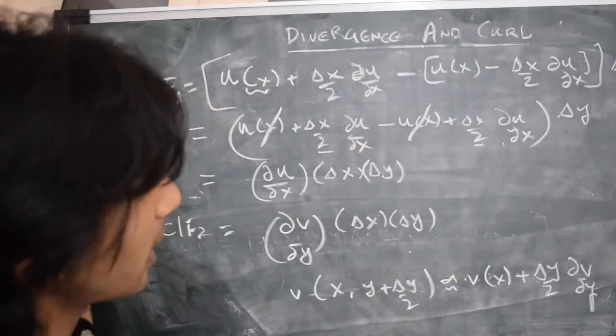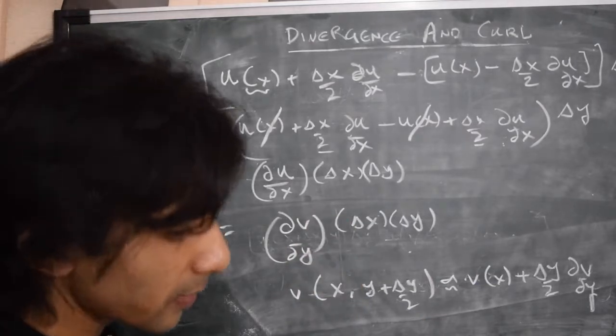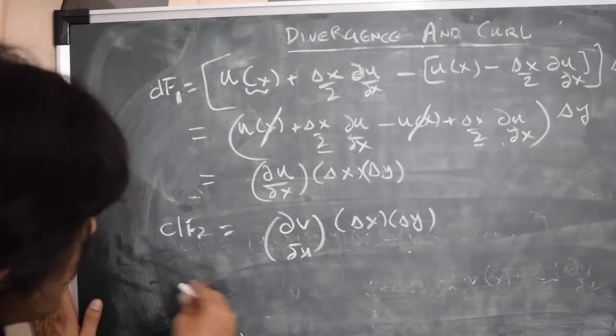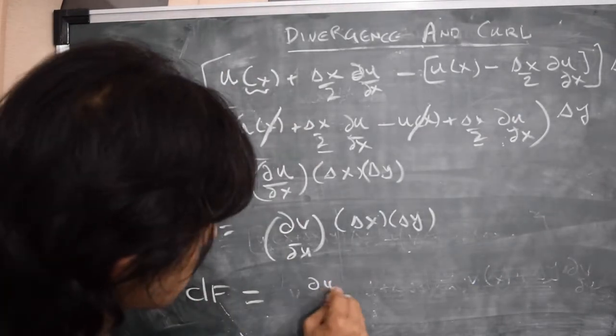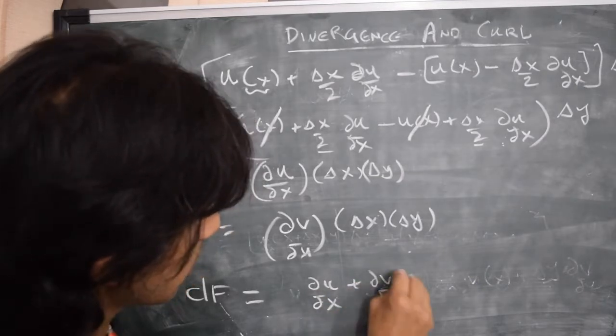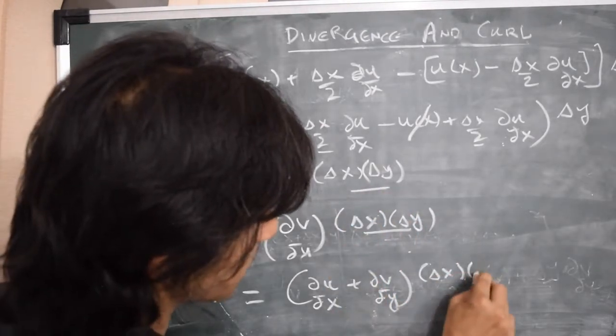And so in the same way that we got a du/dx for the first part of the flux, we'll get a dv/dy for the second part of the flux. And then when we combine these 2 terms, we'll find that the total flux is of the form du/dx plus dv/dy, which are common factors, times delta x times delta y.